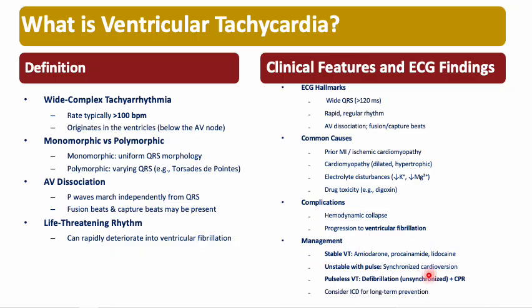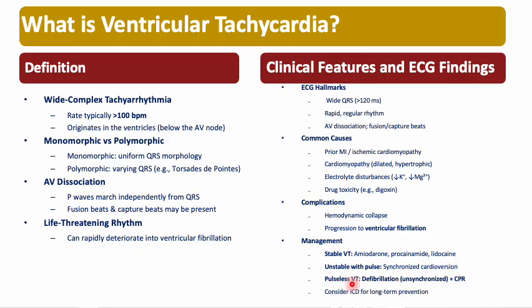Management, you want to give this patient something to stabilize the VTach. Amiodarone is a good drug. You can have procainamide and lidocaine. If they are unstable with a pulse, you're going to do synchronized cardioversion, so you will shock them.